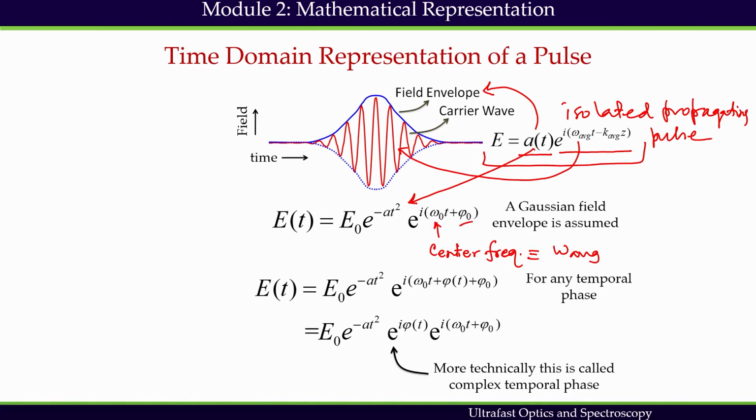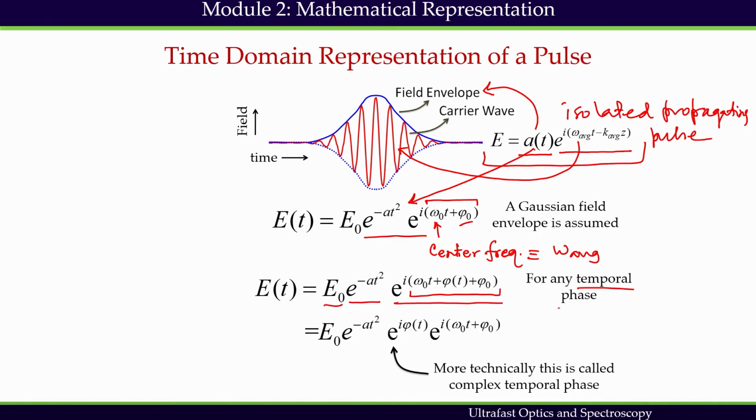But we have to remember that the total temporal phase may not always be linear with respect to time, just like here. It can be a complicated function of time, and that's why the more general form of a Gaussian isolated propagating pulse we can write down as E naught, the absolute magnitude of the electric field, then the Gaussian function, which is the envelope function, and the total temporal phase.